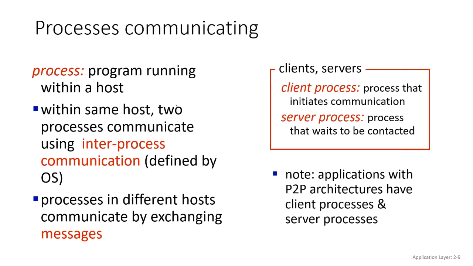If processes are running within the computer, we're talking about inter-process communication, like maybe Internet Explorer speaking to Microsoft Word, and Microsoft Word speaking to another thing. It's basically working that way.